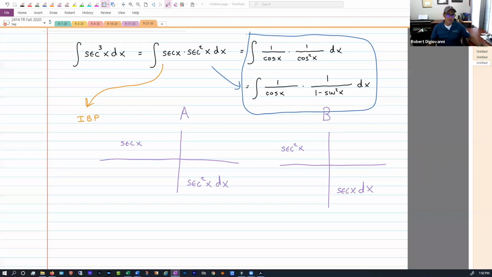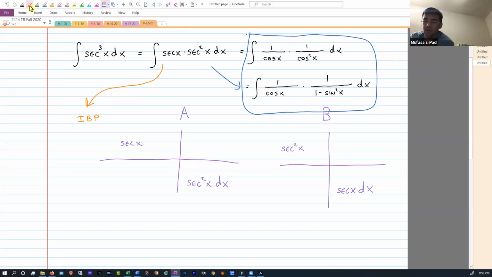A lot of people are saying let's go with A. So why? Why A? Anyone want to justify their position? Because the derivative for secant x is just secant x tangent x dx.